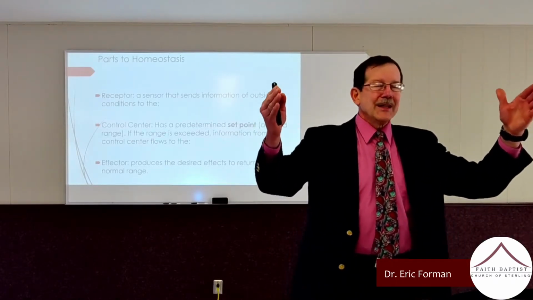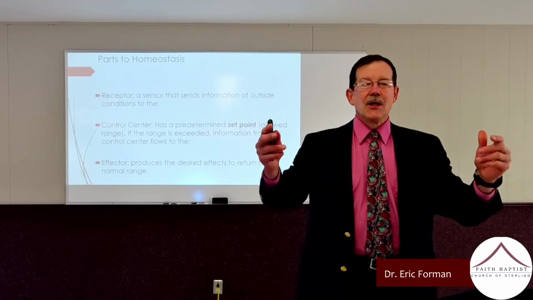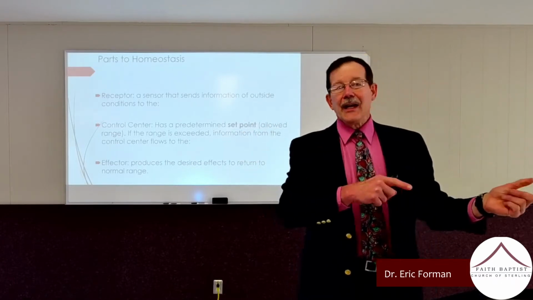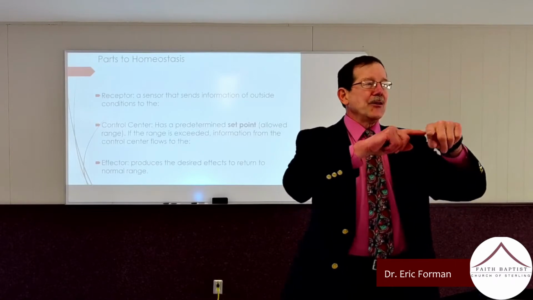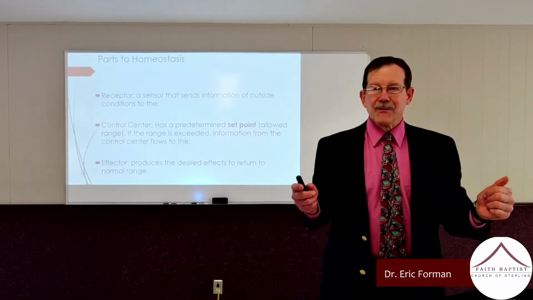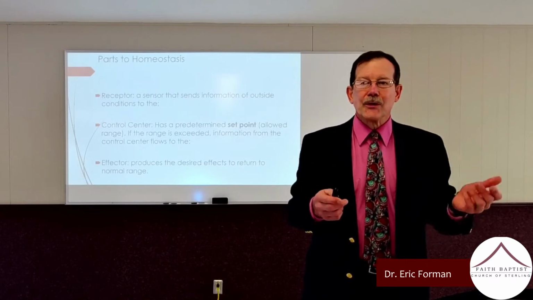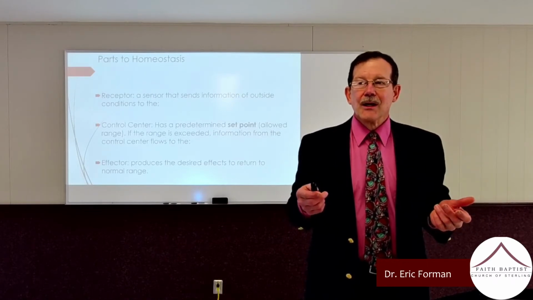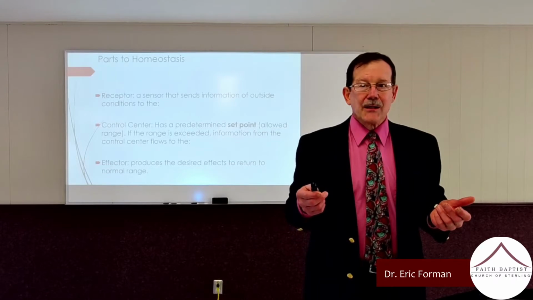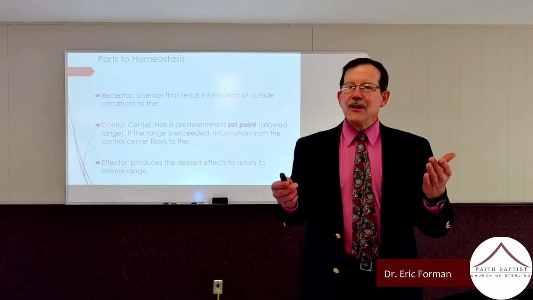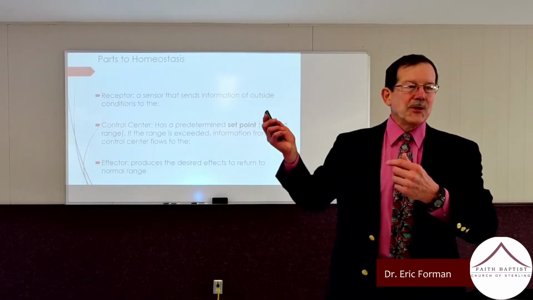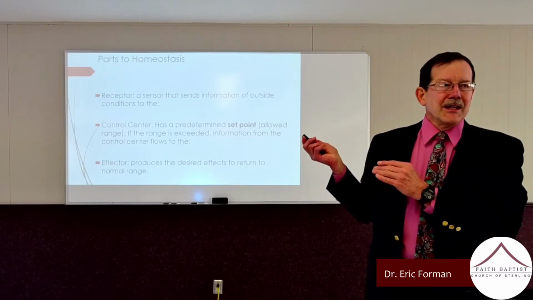Because we have a fairly narrow range for every cell, every organ system, and for you as an organism to live. If you go outside of that range, what will happen to you or your cells? You will die, right? So all of these homeostatic mechanisms, is this engineering at its finest?